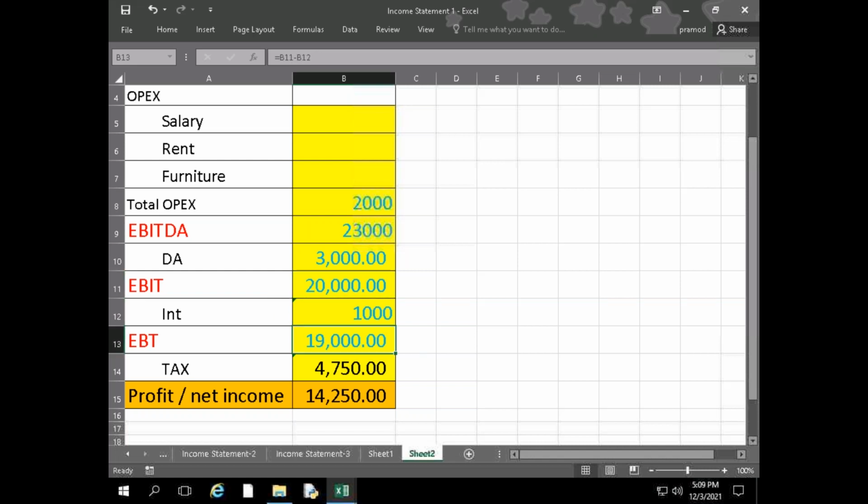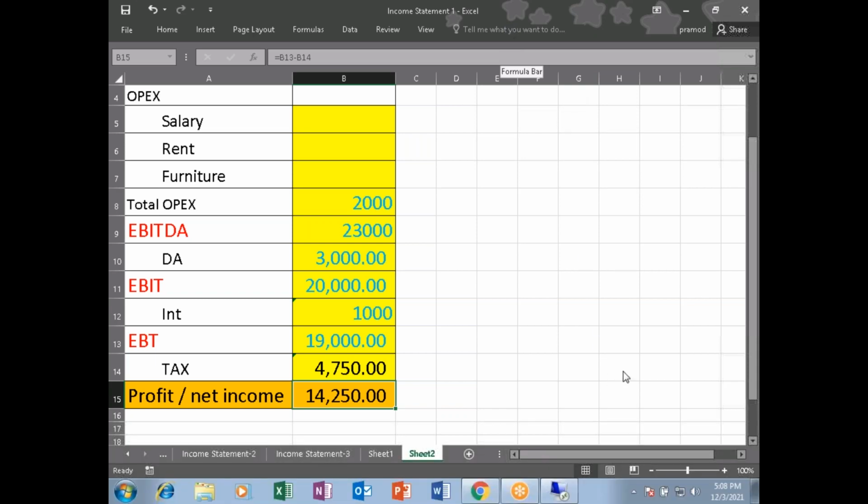So here, minus of EBIT and interest. Here this EBT minus tax. So it should be 14,250. We skip the dividend part. No, not 15,000. It should be 14,250.